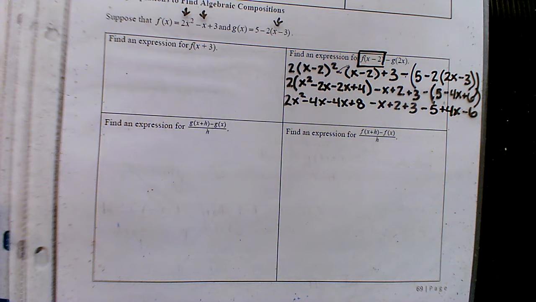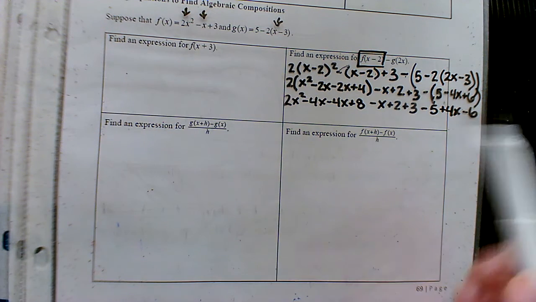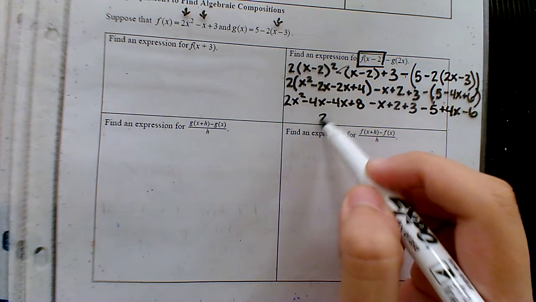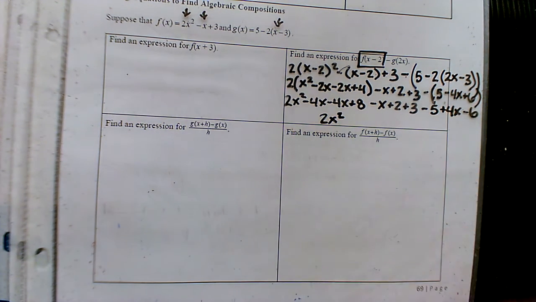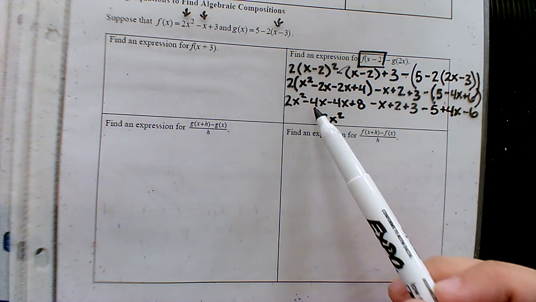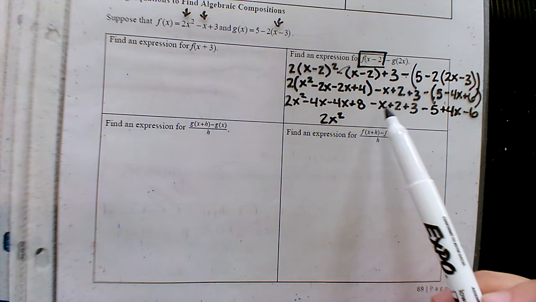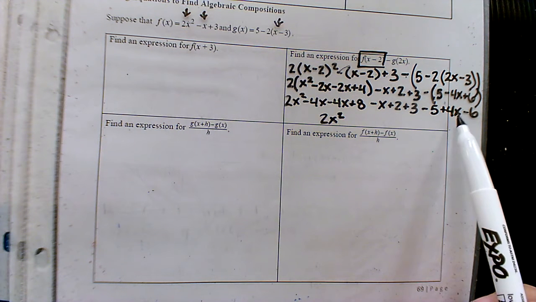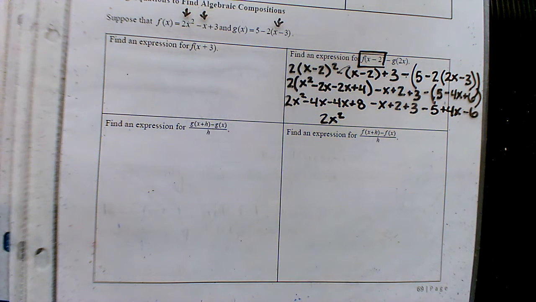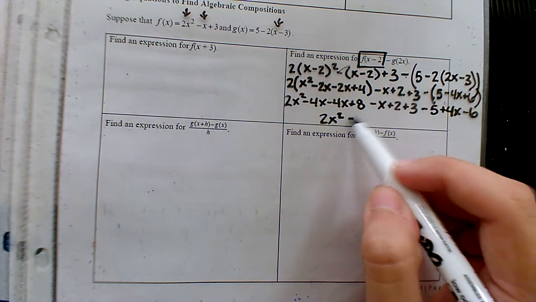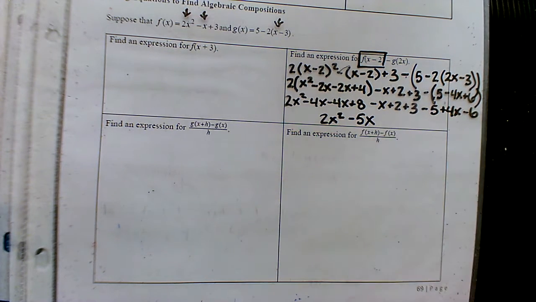So now that I have all the parentheses gone, I can start to combine some like terms to see what we have left. So when I look at it, I only have a 2x squared. No other squared term is there. We do have quite a few x's. We have negative 4x, another negative 4x, a negative x, and then a positive 4x. So if you combined all those together, we'd be left with negative 5.